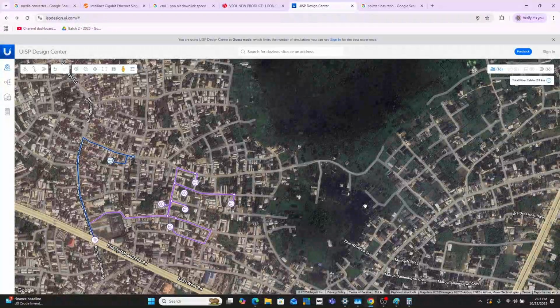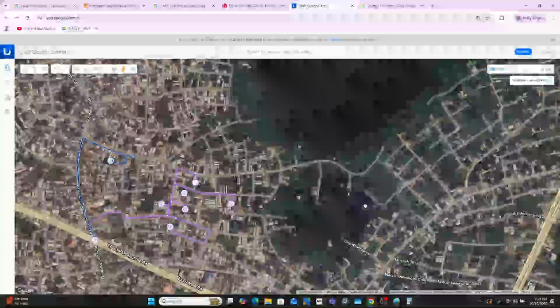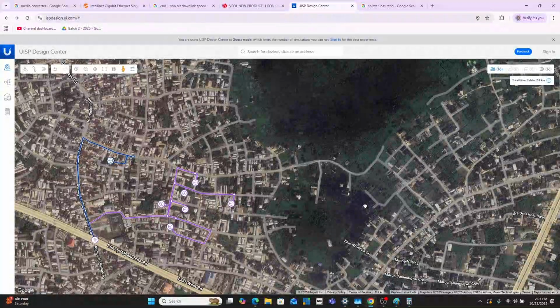Because we have segregated the areas, we have segregated the customers. In doing this, I can tell my CRM team, please go to this area and market. I need 10 customers from here. Do you understand?